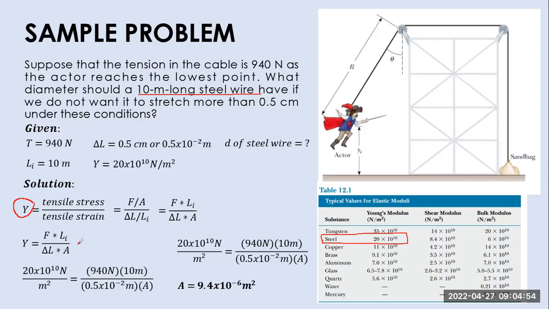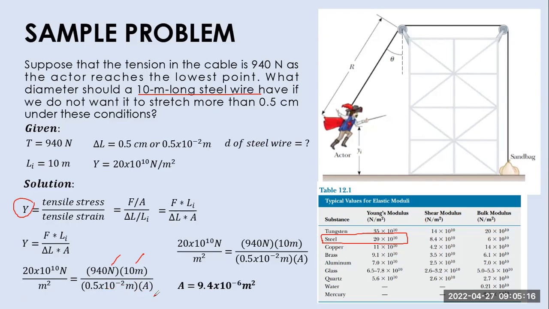F is 940. The original length is 10 meters. And the change of length in terms of meters: since it is 0.5 centimeter, it becomes 0.005 meter, or 0.5 times 10 to the negative 2 meter.